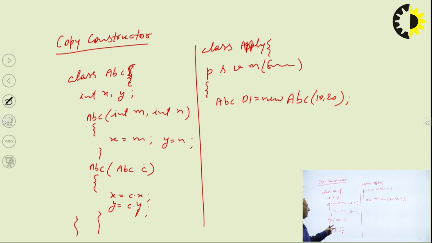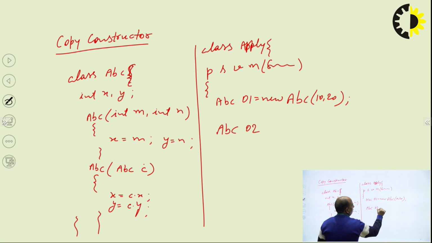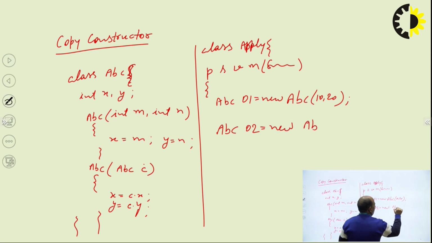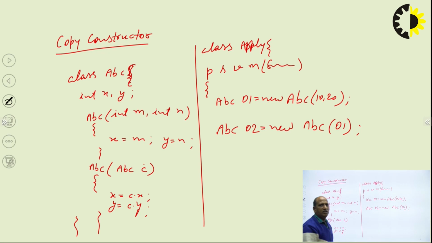Now if we want to use the copy constructor, I create object ABC o2 equals new ABC, and I have to pass this previously created object over here, because the parameter of this constructor is of ABC type, and this o1 is of ABC type.